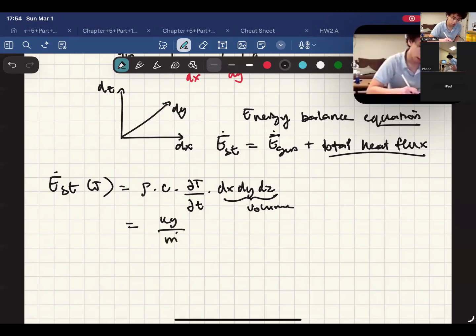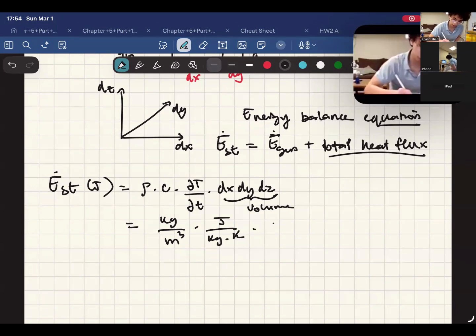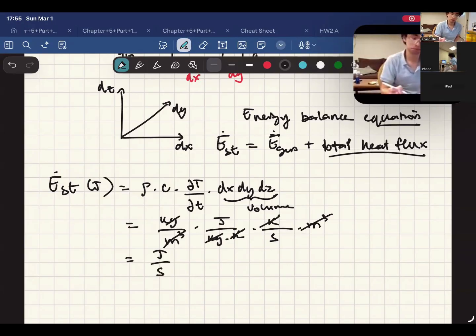So density is mass over volume, kilograms over meters cubed, times heat capacity, joules over kilogram kelvin, times the temperature gradient, which is K or C over time, and then the volume is meters cubed. So we cross out, and we get joules over seconds, or watts, which is the desired unit because the dot represents the flow of energy over time.